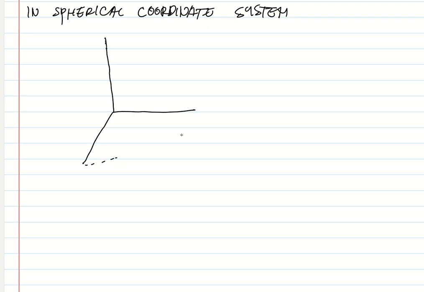If this is our sphere, let's just draw this. Then we take a very small volume from here. Let's just slice this one.